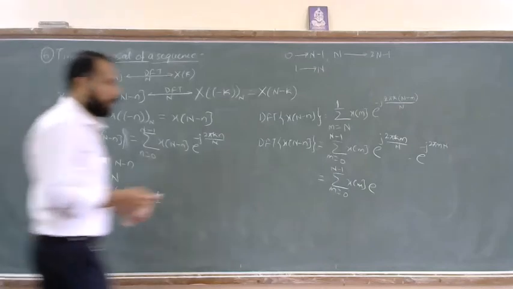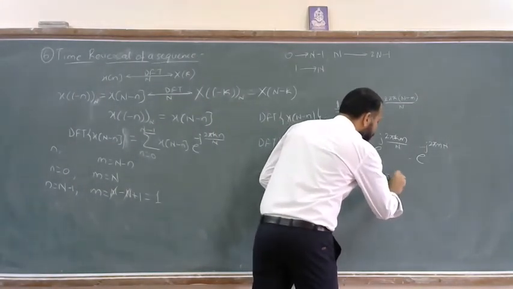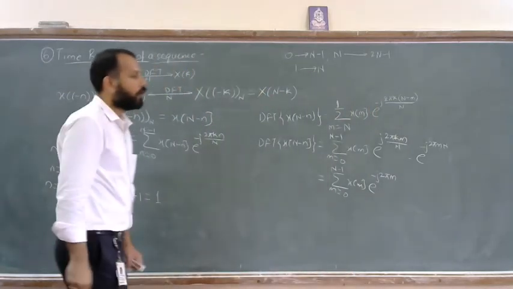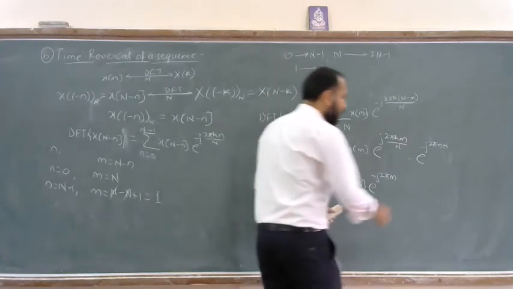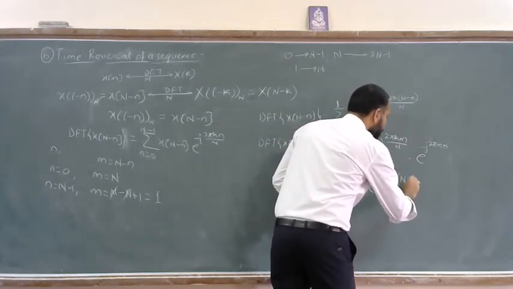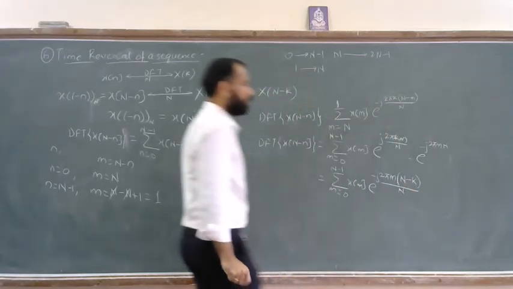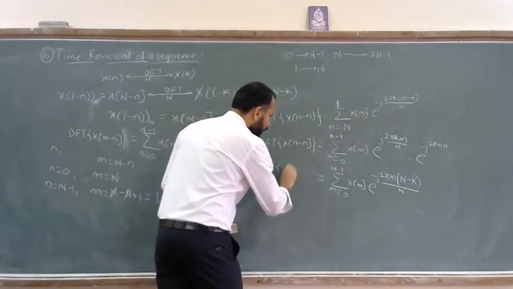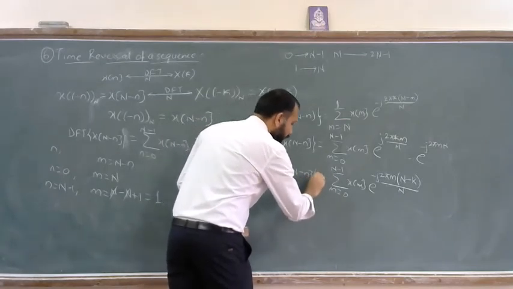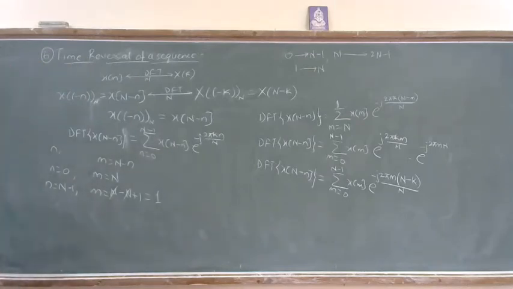You take e to the power minus j 2 pi m common, and you will remain with n minus k whole divided by N. So it is the DFT of x of n, e to the power minus j 2 pi m of n minus k divided by N.